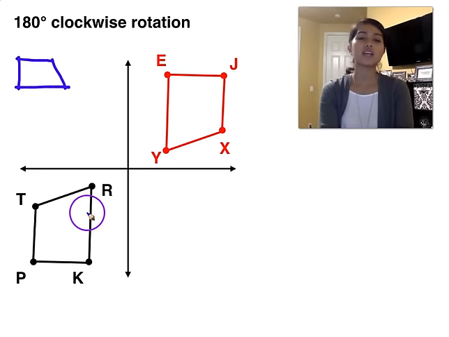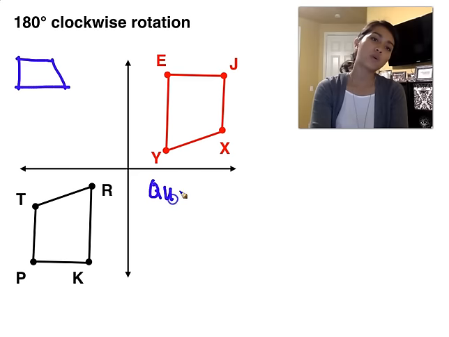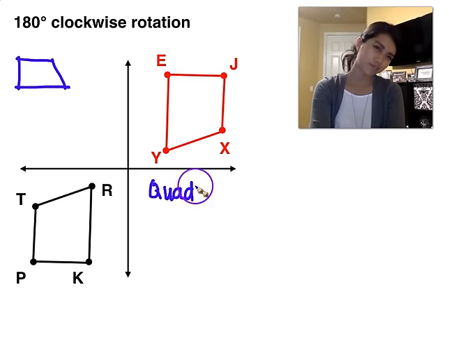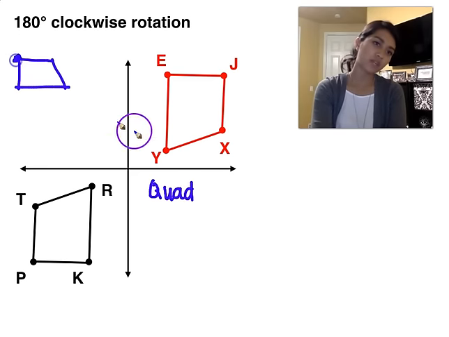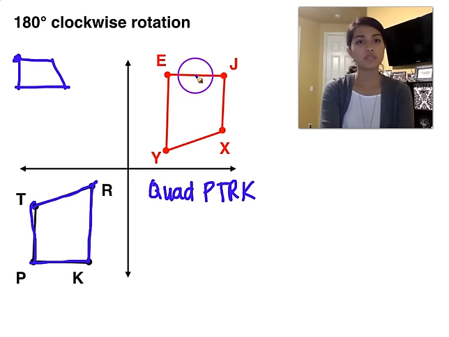If I turn my head to see what that shape is going to look like, I'm going to call the quadrilateral, starting from this point, P, T, R, K. So I went from here, P, T, R, K. Okay, so I'm going to repeat the same process.